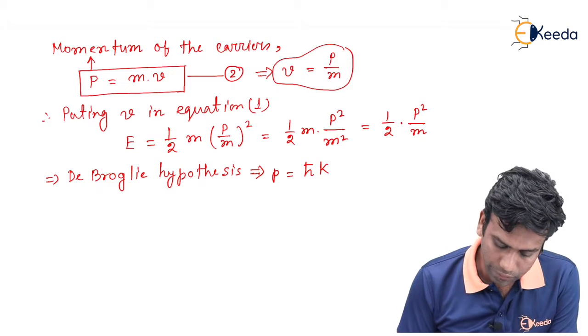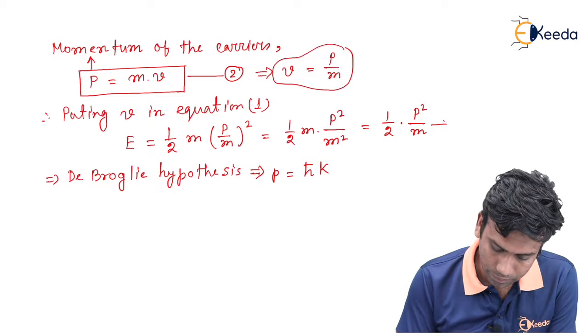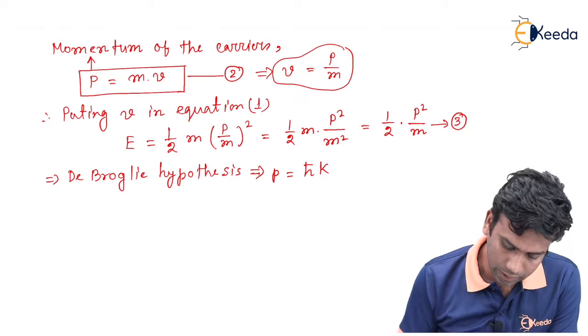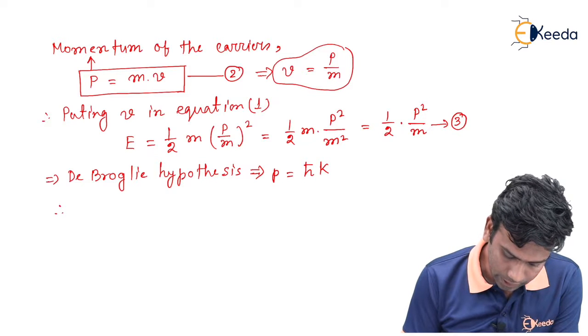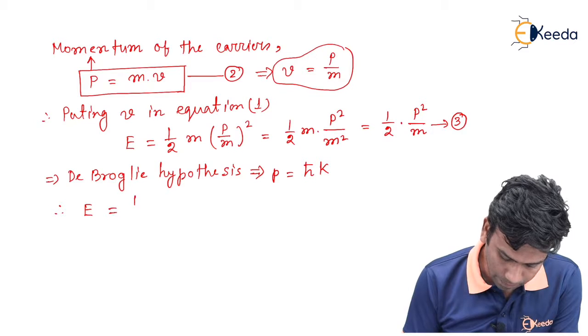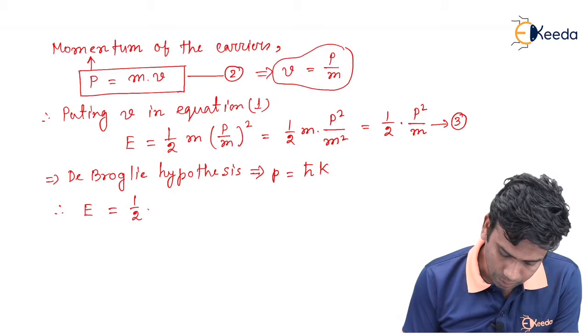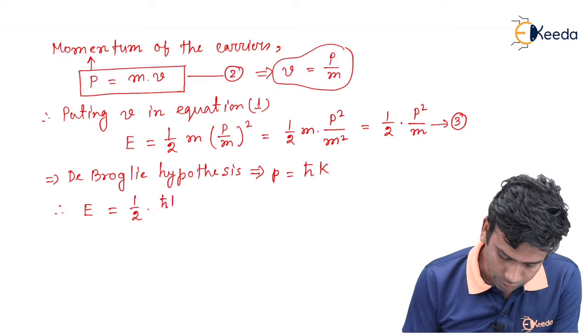So if we put this value of p in equation 3, then we find that E will be equal to half, p equals h cut k, so h cut k whole square divided by m.